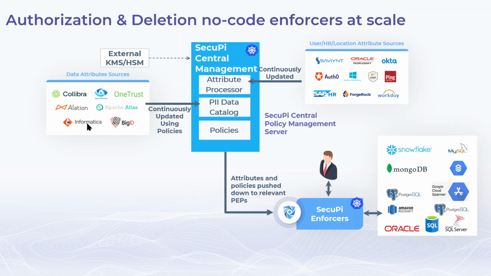That can be from your data catalog, from your data discovery tools, and from your data privacy tools. Once we have those policies and all those attributes, we can now send policies to the SecuPi enforcers in order for the enforcers to report about who gets access to what and what can be enforced within that environment.